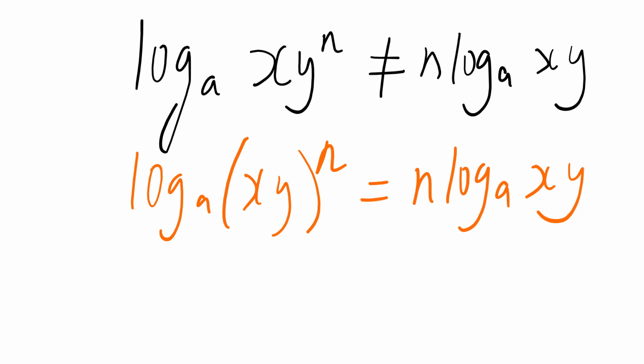There's something very important when you use the power law. You see, in the first example, the power n belongs to the y only. So you cannot simply bring the n to the front of your log base a. You can only do it, look at it very carefully, when you have a bracket around xy.